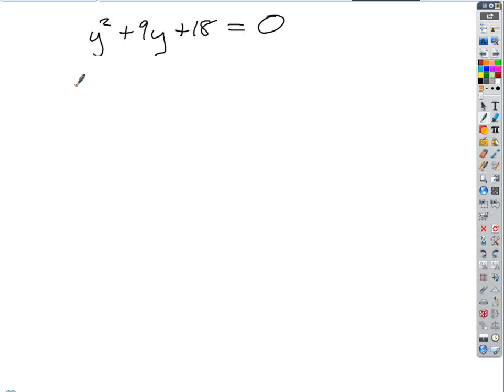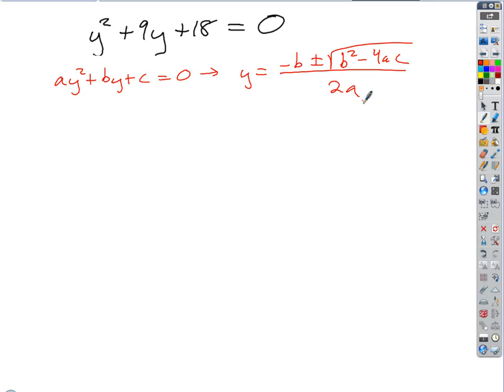No big deal, I just make those y's. So if I've got something of the form a y squared plus b y plus c equals 0, then I know that y equals negative b plus or minus the square root of b squared minus 4ac, over 2a, right? I could plug this into the quadratic formula, and it would work.